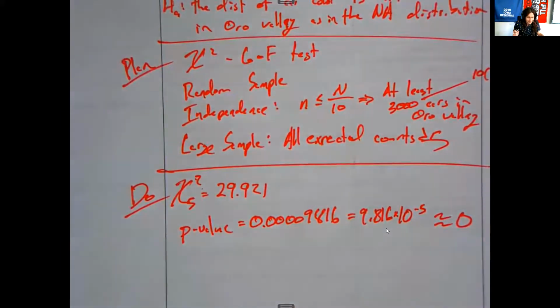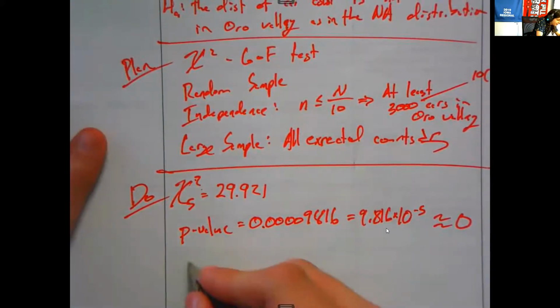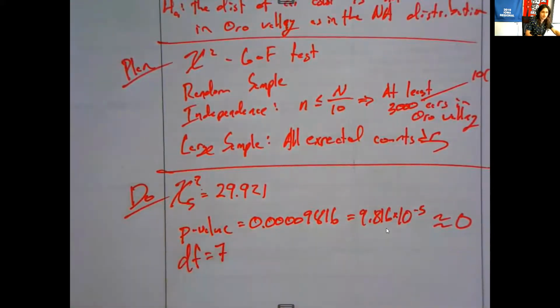What we're saying here is, man, this is very small. I mean, we wouldn't expect it to be perfect, and this is pretty darn close. This is not pretty darn close. This is something that would happen very rarely if the null hypothesis were true. I mean, how often is this going to happen? Almost never. Degrees of freedom is 7. I'm going to report that. So what am I saying here?